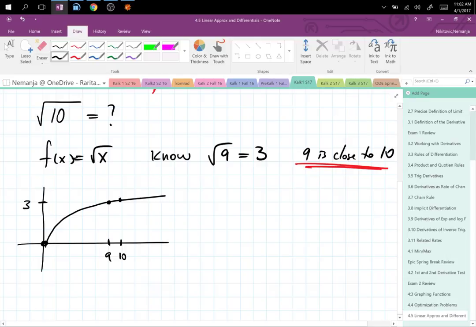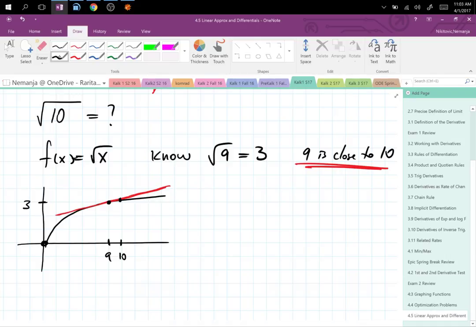But observe what's happening here. If I draw a tangent line at 9, you see that the y values at 10 for the tangent line and for the square root are not the same, but they're pretty close. So I am able to calculate everything easily for 9, and then once I have the tangent line, I can just plug in 10.